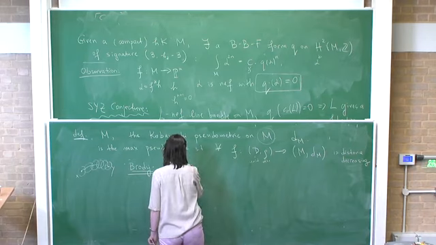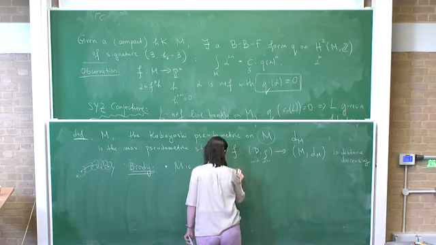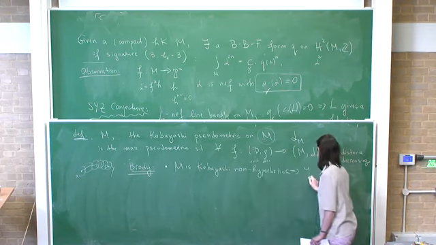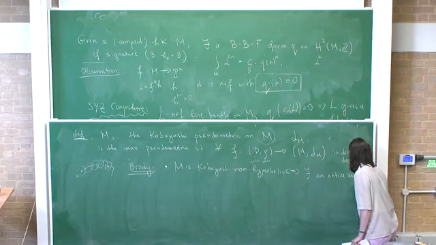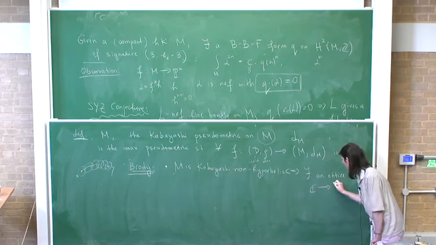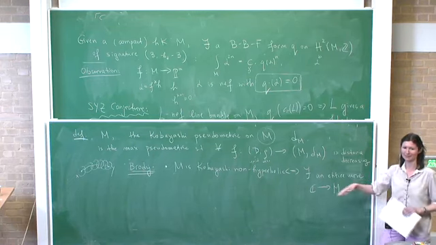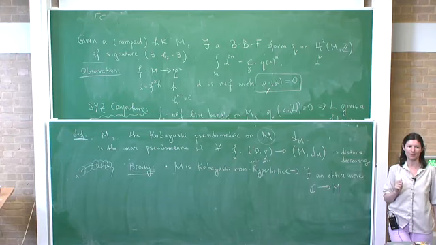So M is Kobayashi non-hyperbolic if and only if there exists an entire curve on M, which is a holomorphic map from C to M. So if you have disks with infinitely big radius mapping to M, then it has to be Kobayashi non-hyperbolic.